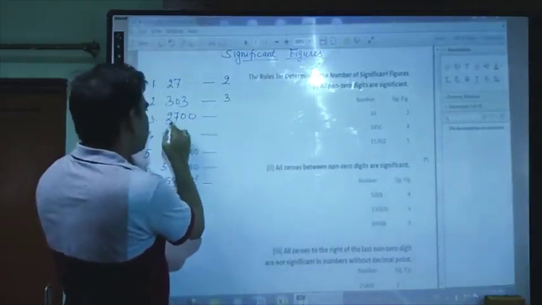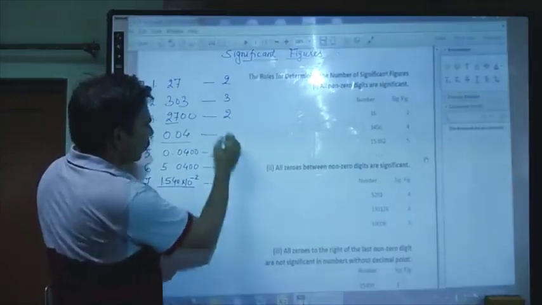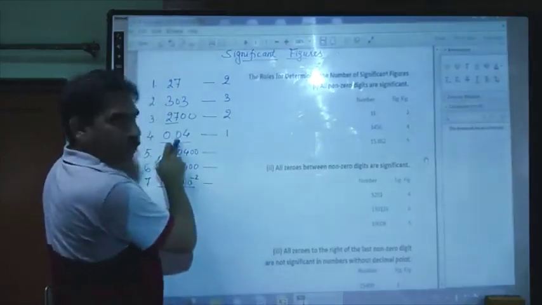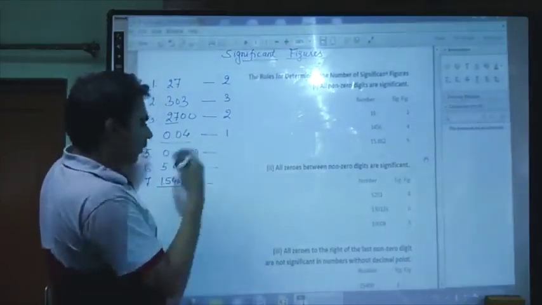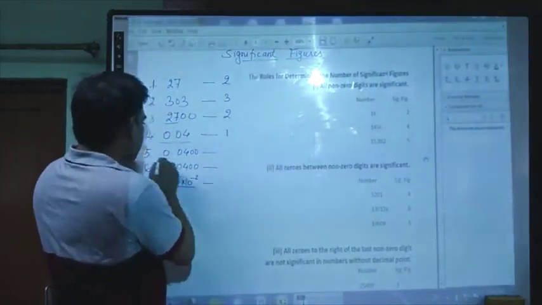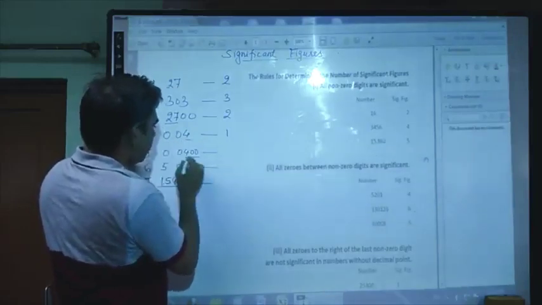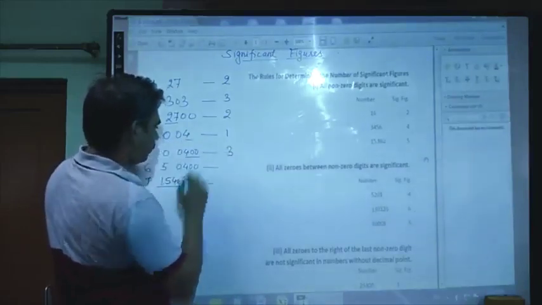So it has only two significant figures. Then we have 0.04. It has only one significant figure, because the 0 here, falling after the decimal to the left of the non-zero digit, is not significant.